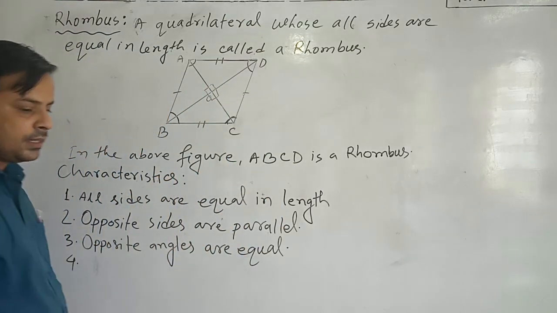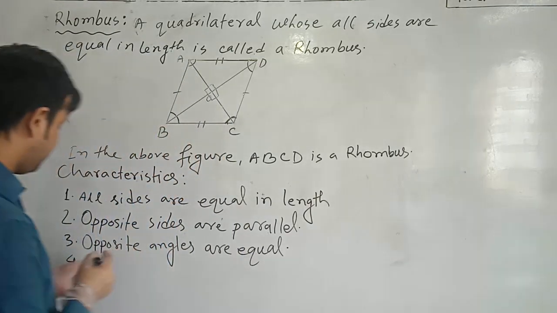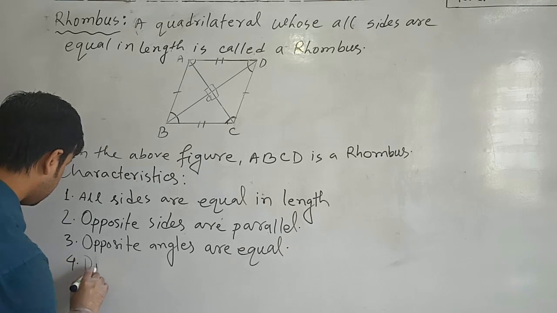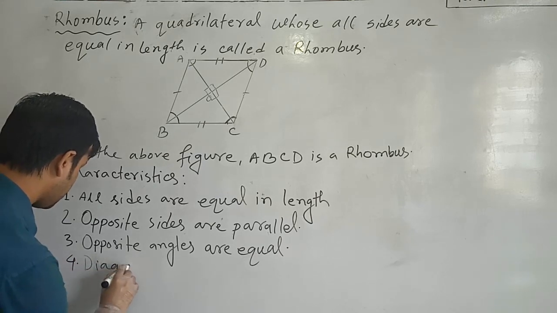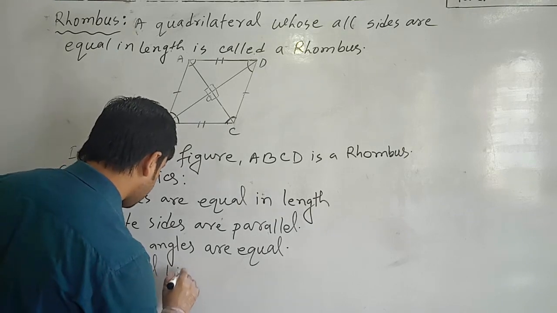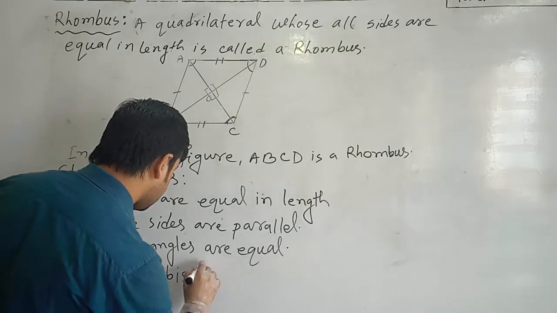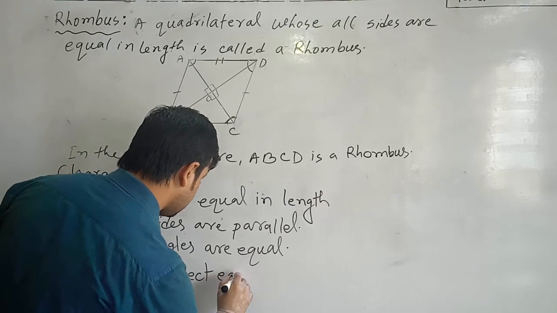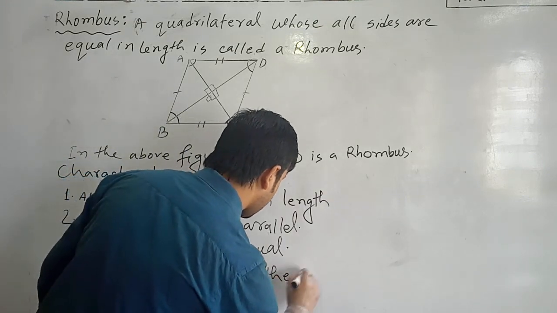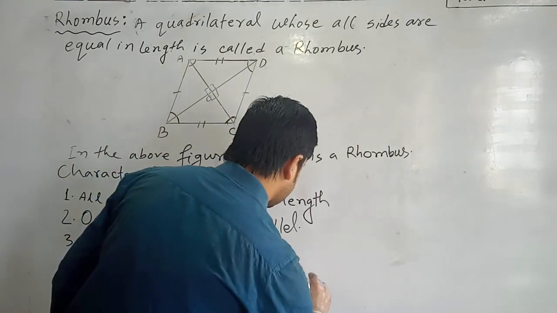So we can say diagonals bisect each other perpendicularly.